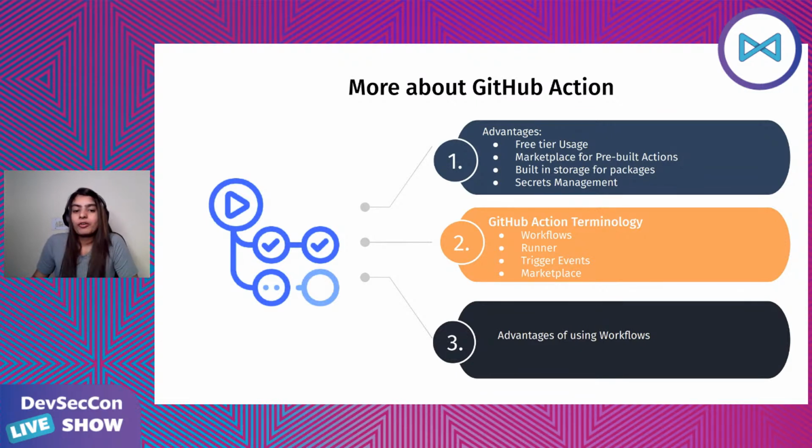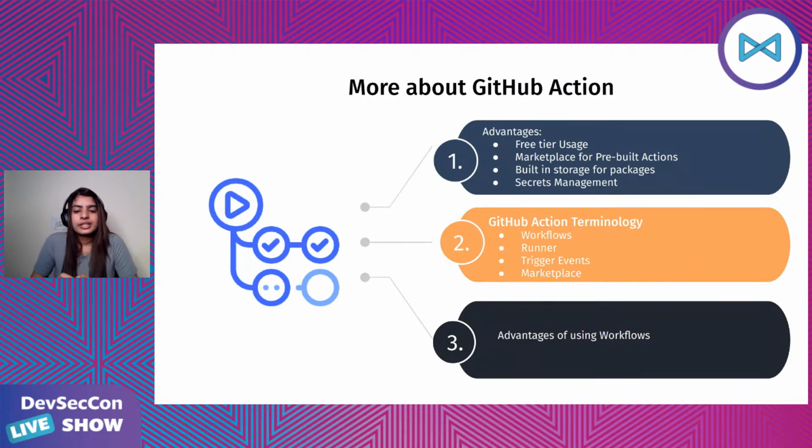The advantages of using workflows. The benefits of using workflows: GitHub Actions can prove to be highly beneficial for startups, as it will enable them to create custom software development lifecycle, that is SDLC, workflows for their projects. This can save a lot of time and project cost in the long run.